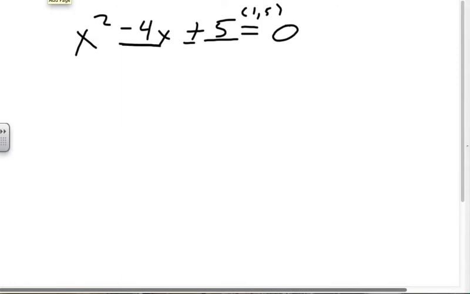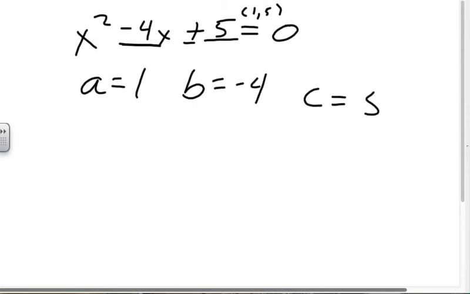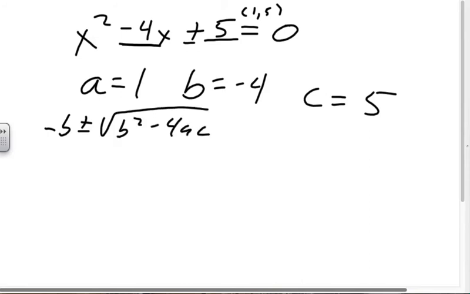So you have to put this into the quadratic formula. A is 1, B is negative 4, C is 5. So negative b plus or minus the square root of b squared minus 4ac, all over 2a. This ought to look pretty familiar by now. And we plug in.